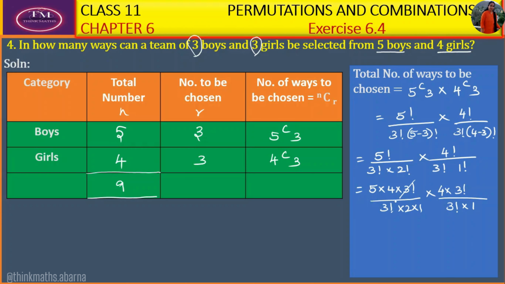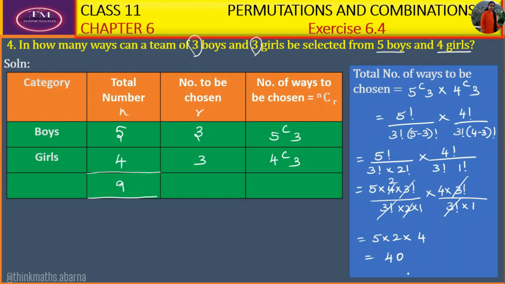Now 3 factorial gets cancelled here. 1 2s are 2, 2 2s are 10. Here also 3 factorial gets cancelled. So it is 5 into 2 into 4. So 5 2s are 10, 10 into 4, 40. So the answer is 40.